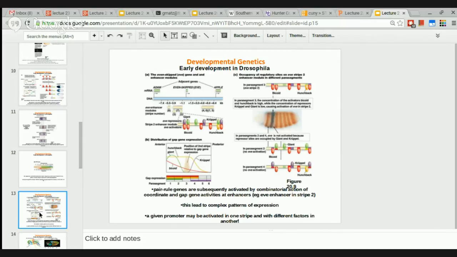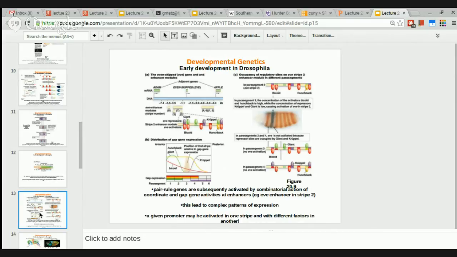So for example, in stripe 2, this is the element that controls the expression of even skipped in stripe 2. If you take this little piece and put it upstream of lacZ, that will turn blue. Only stripe 2 will turn blue, not the other stripes.